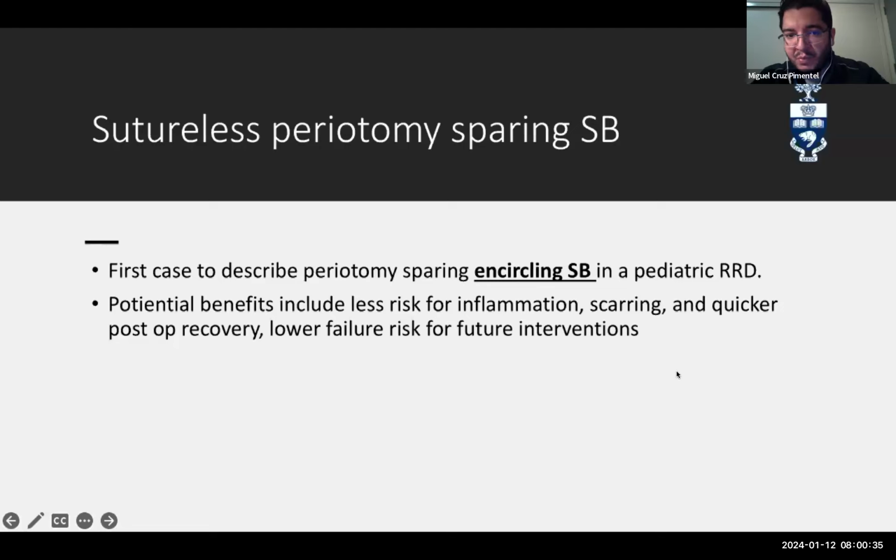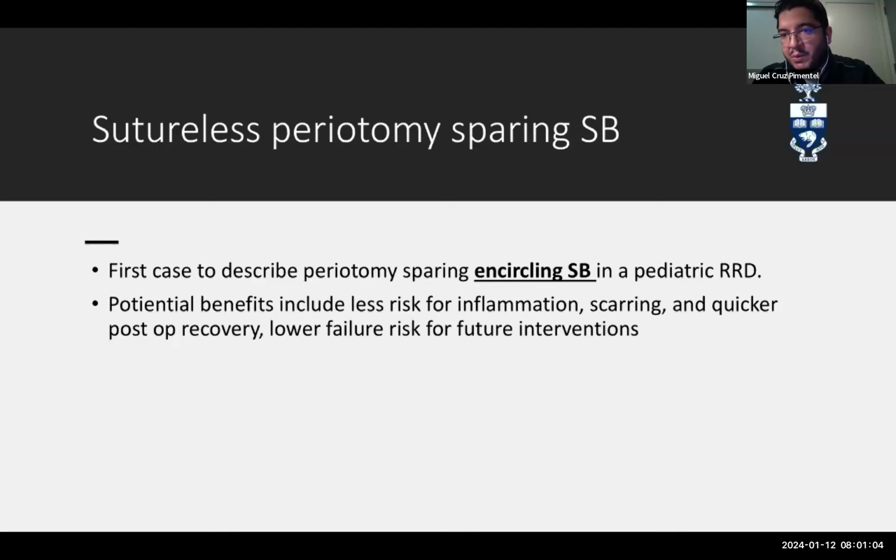And the other thing that we want to point out is that, especially in the pediatric population, these patients will have a higher risk to develop glaucoma. Some of these patients with retinal detachment in the pediatric population will have trauma-induced retinal detachment, and that itself can later on progress to glaucoma. So it's important to preserve the conjunctiva for sequential procedures such as trabeculectomy.